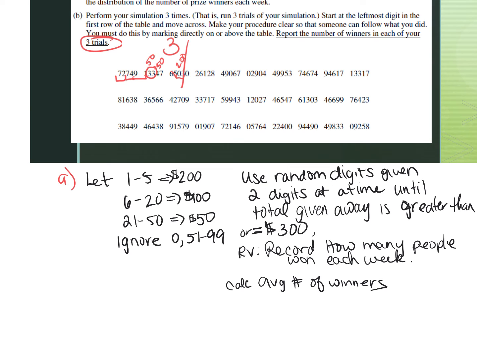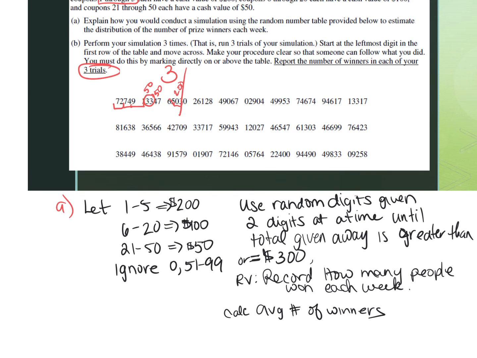Now, here's where it gets like to getting different answers. Do you start on the next line or you just keep going? I keep going. Okay. I keep going, but sometimes they'll say, note that it says, start at the leftmost digit in the first row of the table and move across. Make your procedure clear so that someone can follow what you did.